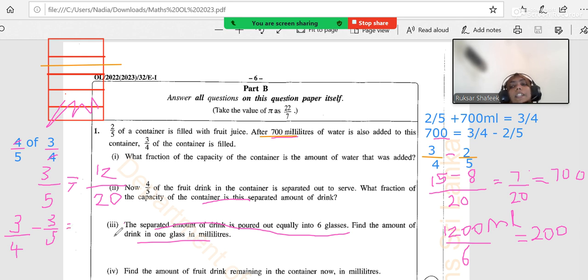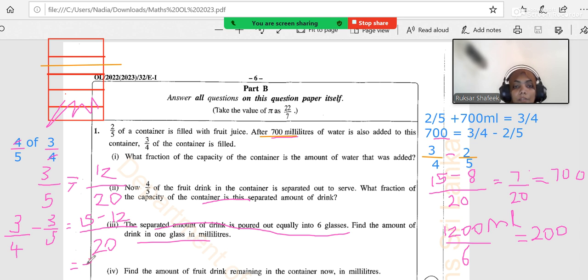I need to once again get the LCM. Remember, you can't just say 3 minus 3 and put a 0. That's not right. You have to get the LCM, which is 20 once again. So 4 times 5, and then here 5 times 3 is 15. So let's write that 15 minus 5 times 4 and 3 times 4 would give me a 12 there. So 15 minus 12 would give me the answer once again, 3 out of 20.